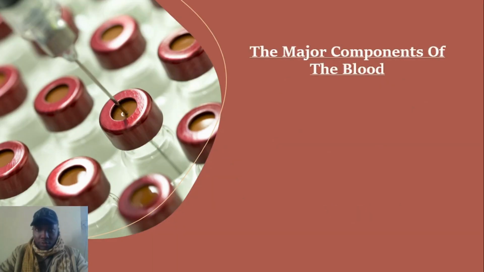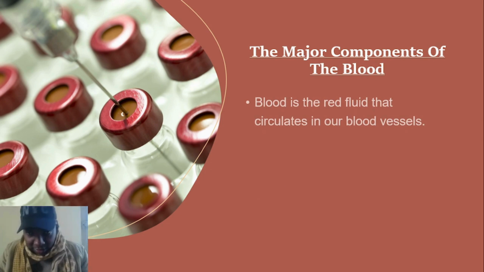Now we'll start with the major components of the blood. Blood is just the red fluid that circulates in our blood vessels, which are the capillaries, the veins, and the arteries.